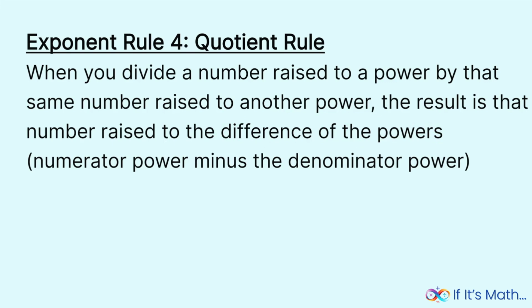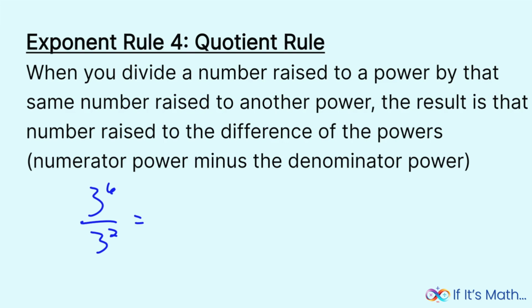So an example to think about here is, what if you had, let's say, 3 to the 6th divided by 3 squared.